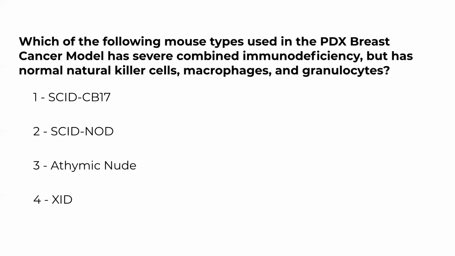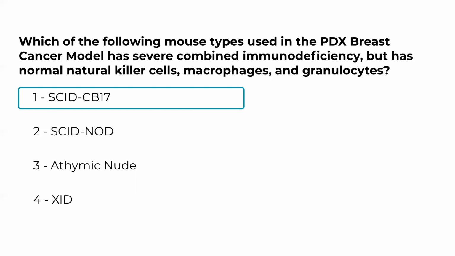So don't worry, but the correct answer is going to be 1, SID-CB17. What I can say about SID-CB17 is that these have severe combined immunodeficiency, but they also have normal natural killer cells, macrophages, and granulocytes. Since we got some answers for 2 and 3, I'll read off those.